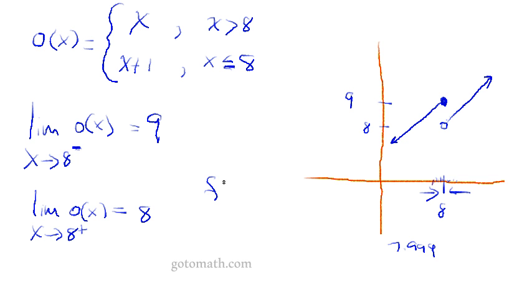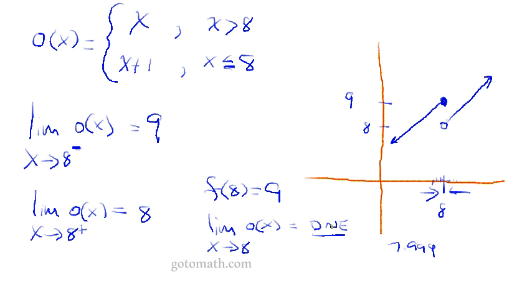We have to check 3 things, and first off, if we checked f of 8, we get 9 out, right? That would be this part. But the problem of it is this limit right here, as x approaches 8 of the function, this limit does not exist. I'll just say DNE.